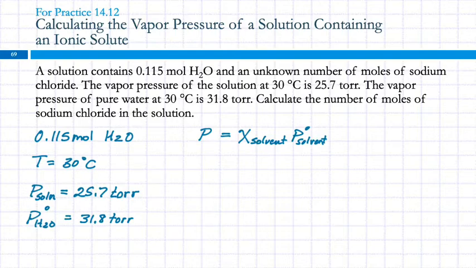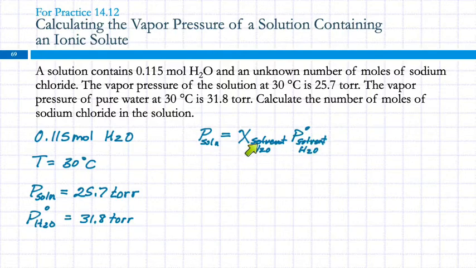Okay? So here our solvent is water. So this is the vapor pressure of the solution, that's the P solution, and we have the vapor pressure of the pure solvent.